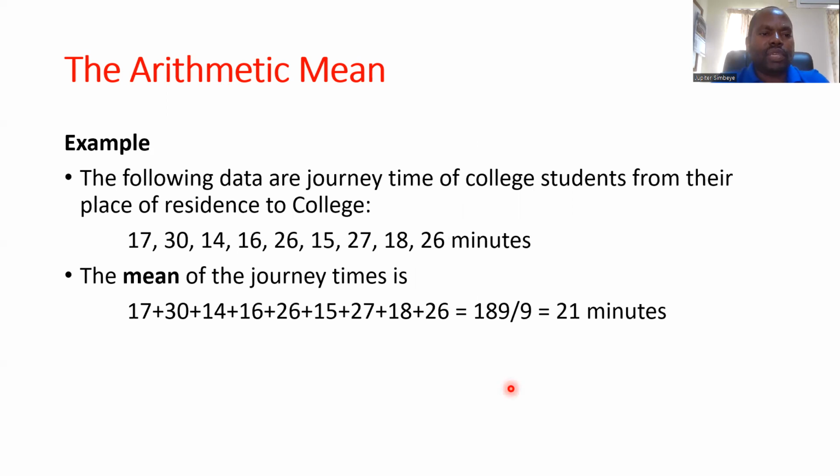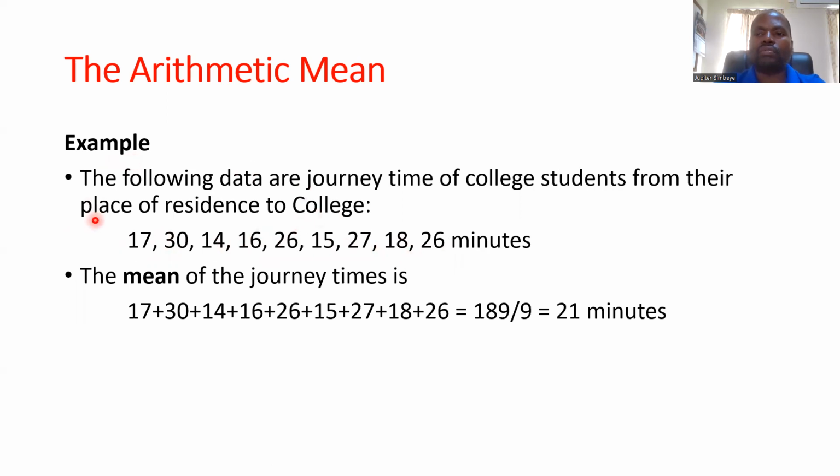An example here. So the following data are journey times of college students from their place of residence to college. So maybe somebody is walking from Chikanda to here, somebody is walking from the housing hostels to here, or from wherever they stay to this. So you collect these observations, 1, 2, 3, 4, 5, 6, 7, 8, 9 students.